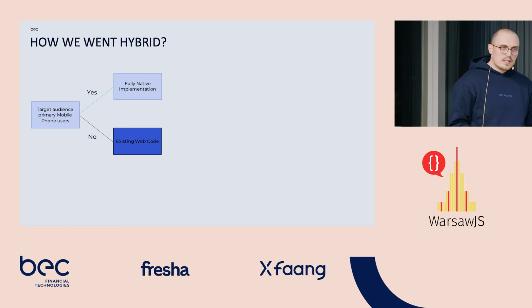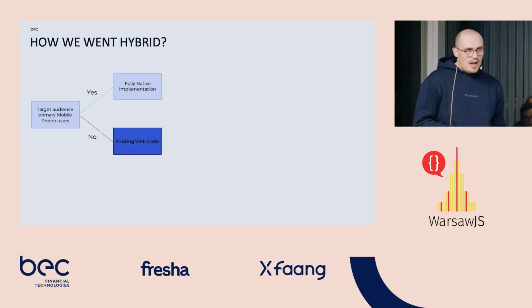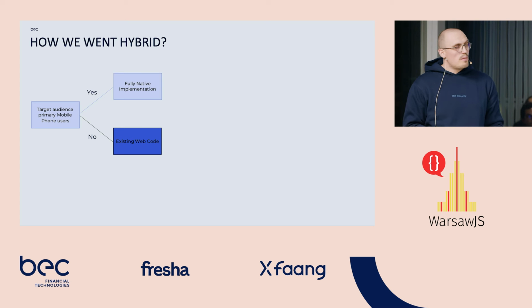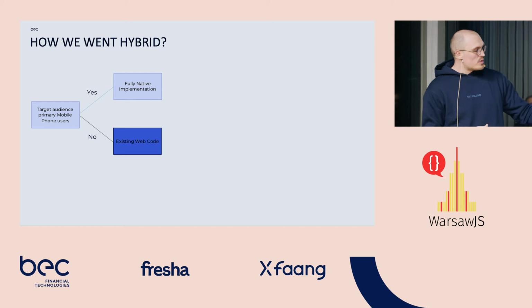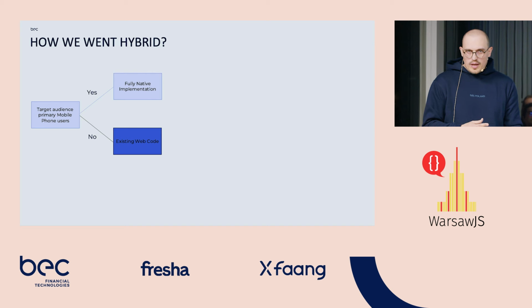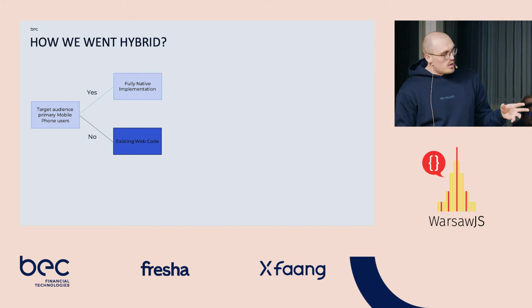Just before we started the implementation, we asked a couple of questions, which we were able to put in a decision tree. We start with the first question: what are our users? Do we have primarily mobile users, or do we have mixed users? For us, the answer was mixed.